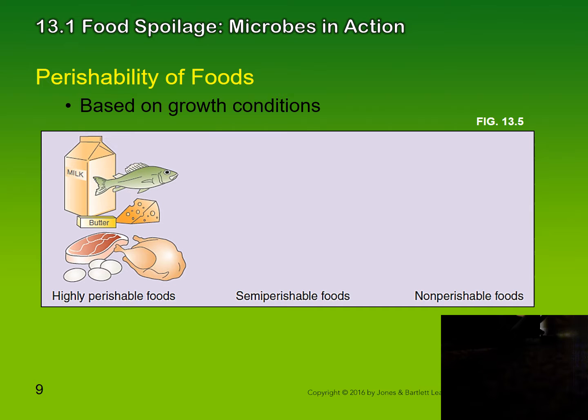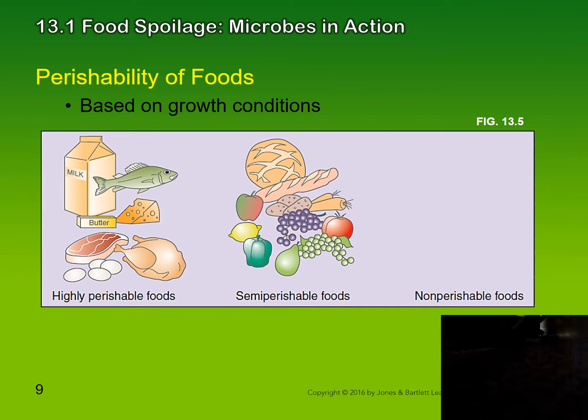Foods that are highly perishable are fresh things: fresh cheese, butter, milk, meat, eggs. Those are all things that are going to perish pretty quickly. Then we have semi-perishable foods, like breads, fruits and vegetables, which are a little more resistant to being broken down.